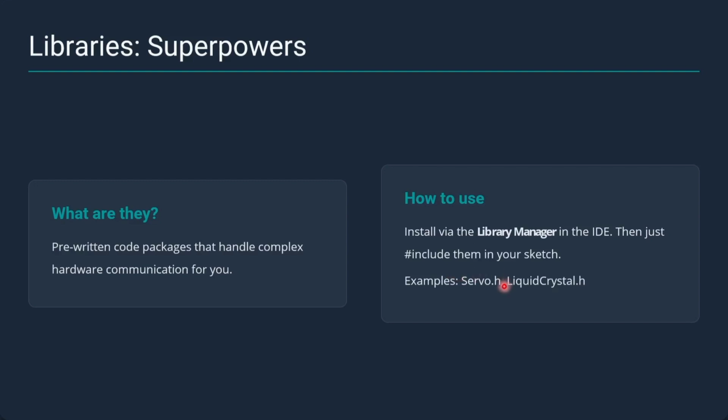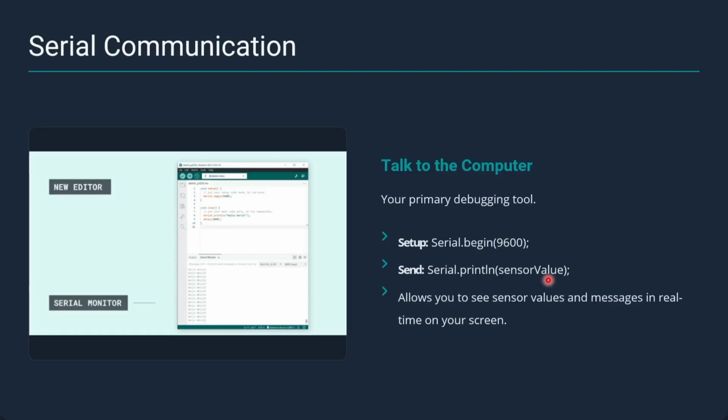For the servo motor we use this library, and for the display we use this library. And for serial communication, in our software, at the top part, the editor part, after clicking this one we will see the serial monitor. Here we can check whether the code we wrote is working correctly or not, what signal is going, what is coming, what is wrong.